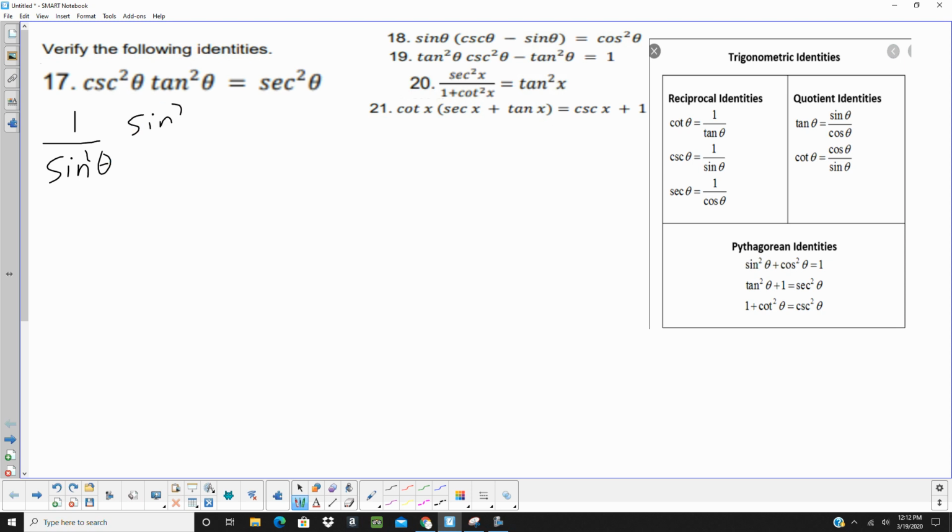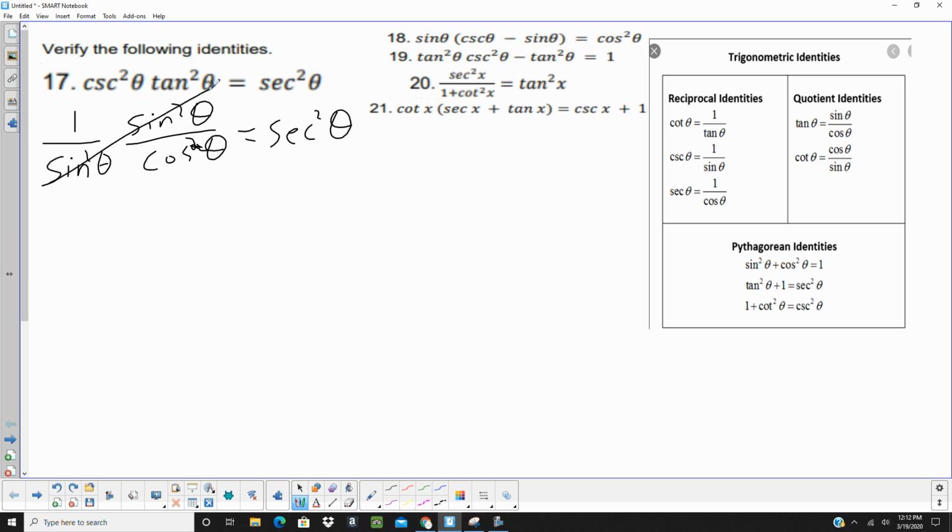Sine squared over cosine squared. That's supposed to be a square there. It didn't come out very well. There you go. And that equals secant squared theta. Well, what happens?